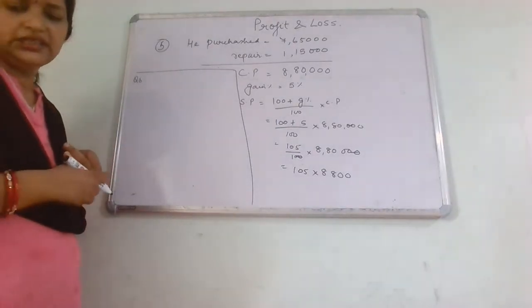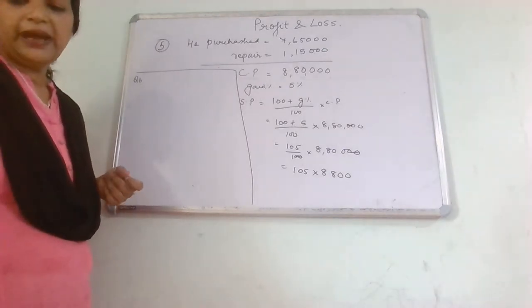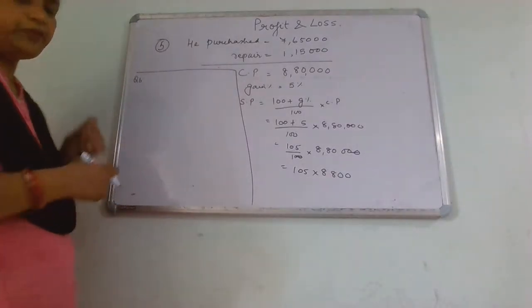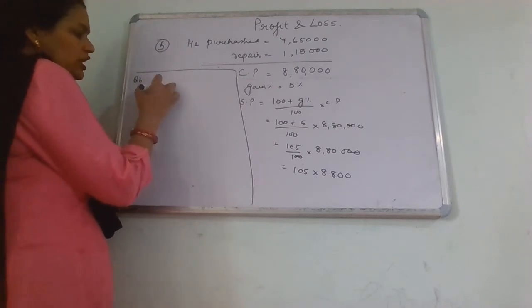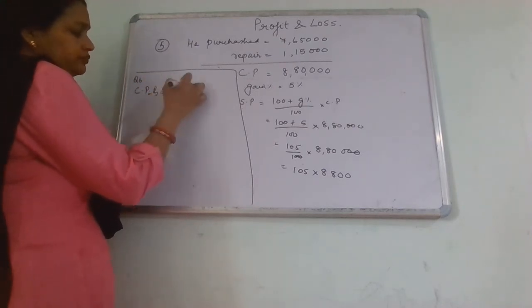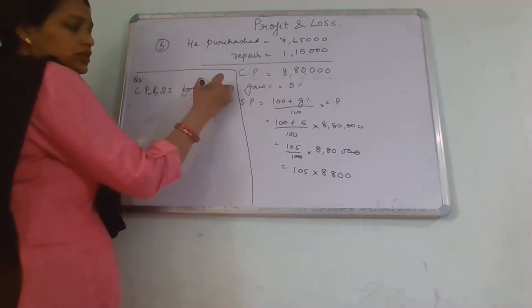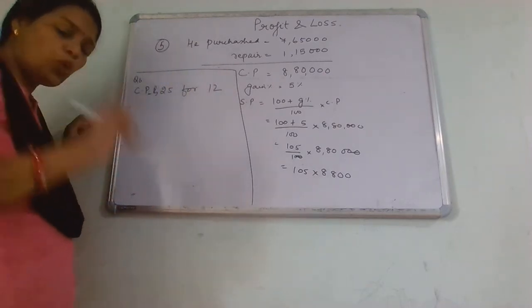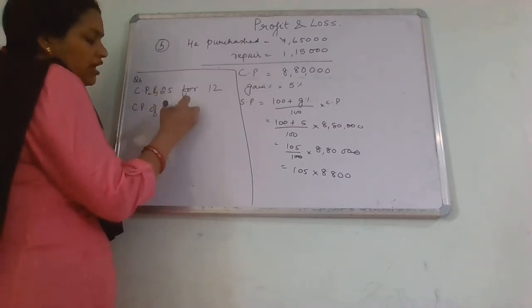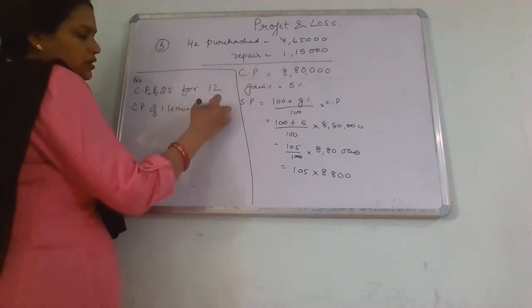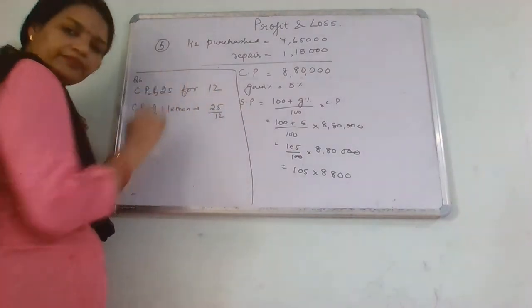A vendor buys lemons at rupees 25 per dozen. So CP is rupees 25 for 12, which means CP of one lemon is 25 by 12.